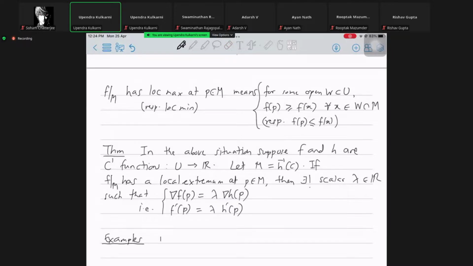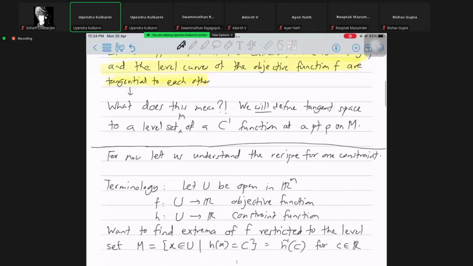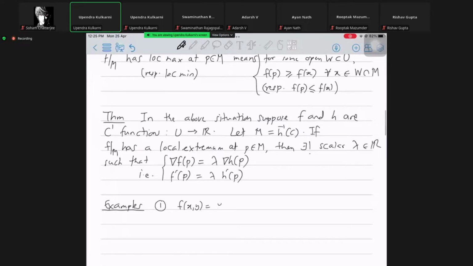Examples. So let's do the first example once again and see if this is true. So f of x, y is equal to y squared minus x squared, and h of x, y is equal to x squared plus y squared, and c is equal to 1. To crank out the answer, once you have the recipe in the theorem, it is not difficult.